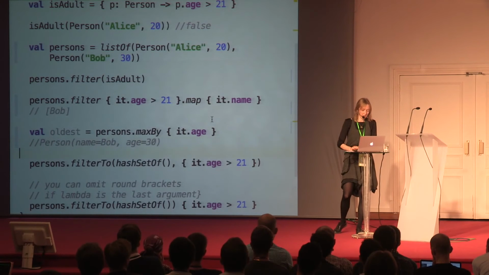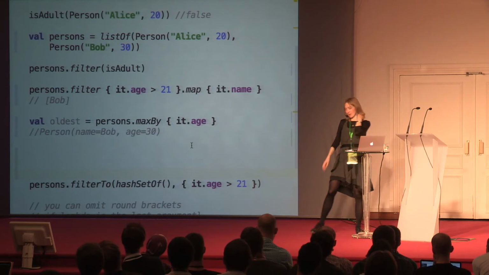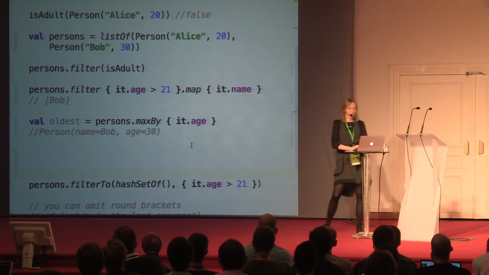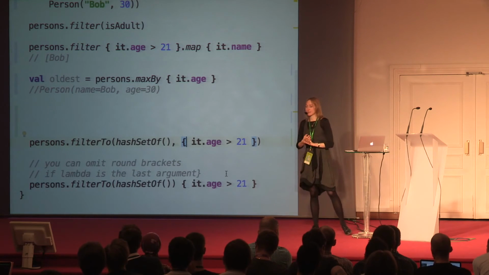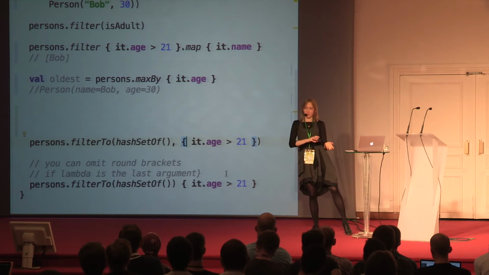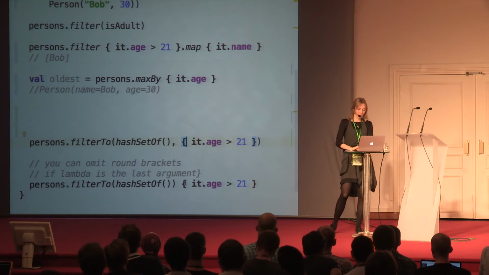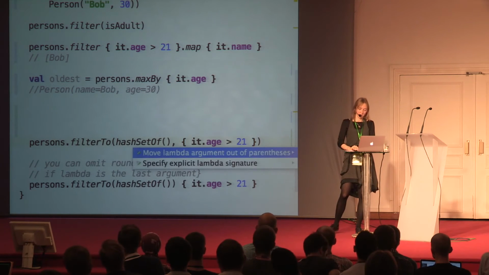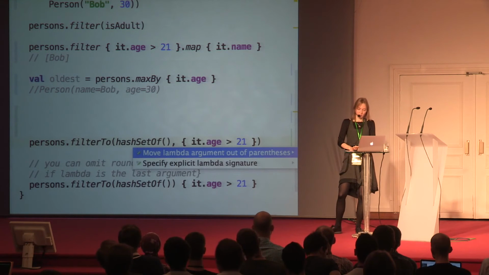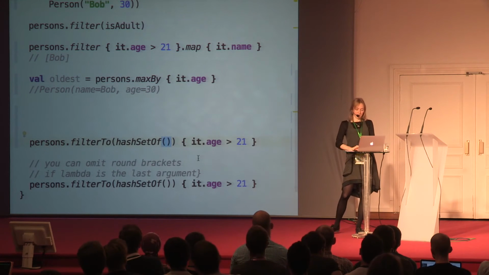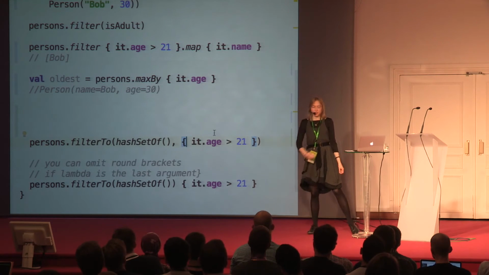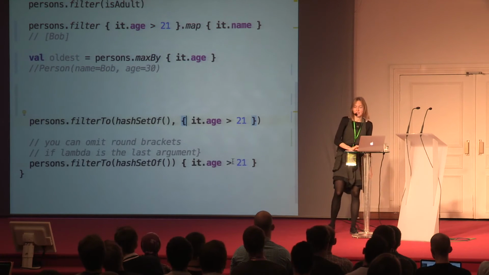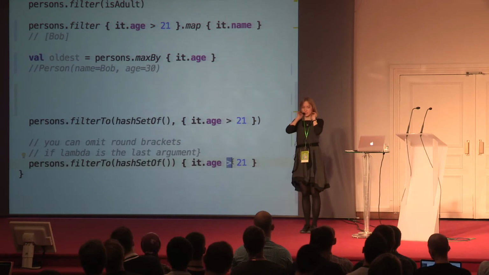And in Kotlin we have this syntactic convention. I want to show you that if you have a lambda as the last argument of your function invocation, you can omit these round brackets. So move the lambda argument out of parentheses. Okay. So these two lines actually mean the same. It is just syntactic sugar for your function invocation.